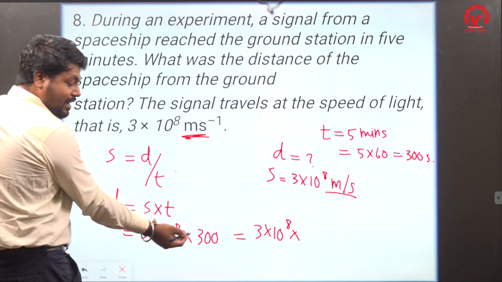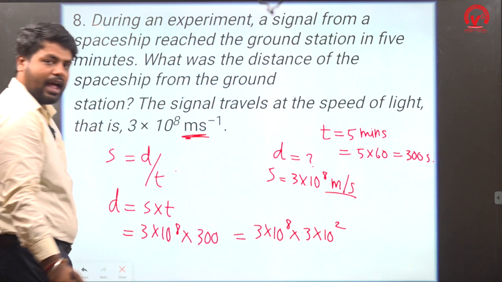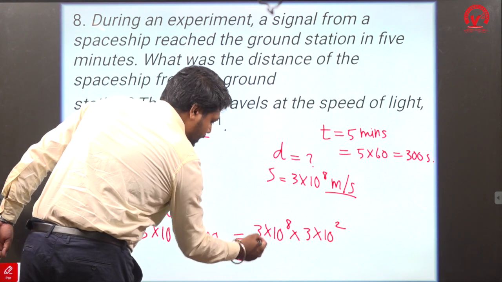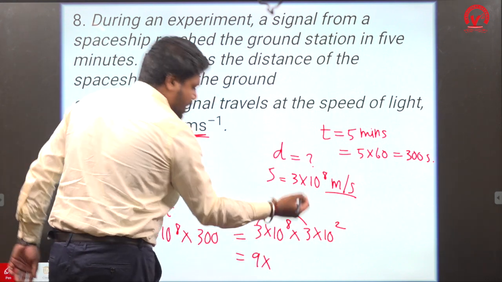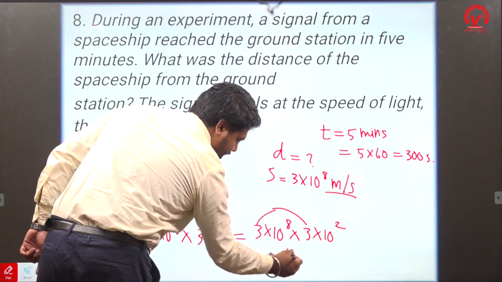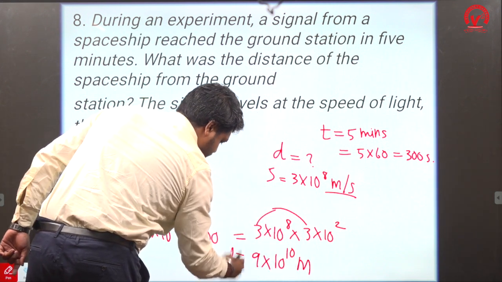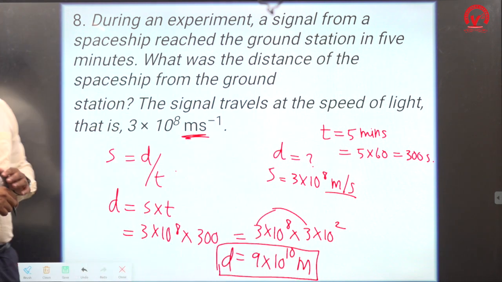I am going to write 300 as 3 into 10 power 2. So 3 into 3 is 9, and 10 power 8 plus 2 is 10 power 10 meter. Distance should be in meter, right? So 9 into 10 power 10 meter. This will be the answer.